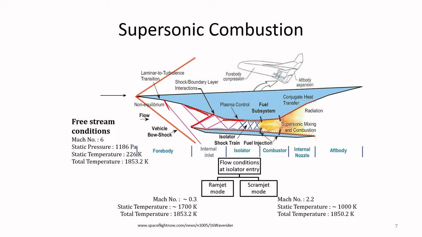Okay. And even before that normal shock forms, a lot of oscillations can happen, which is called essentially unstart inside the inlet and the isolator. So you really do not want that.